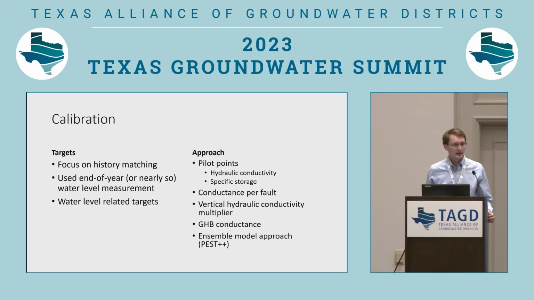Since the model had a 1-year stress period, we looked at data mostly from December, but not every well had data from December for that year. So we would look at November and January, and move 3 months on either side, but making the priority as close to December as possible.